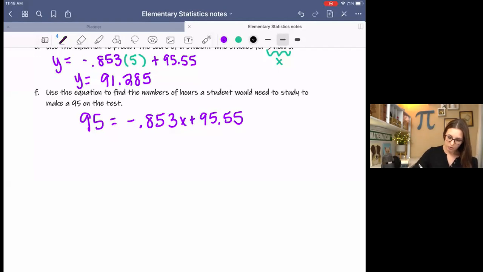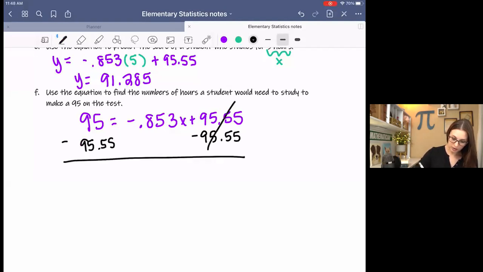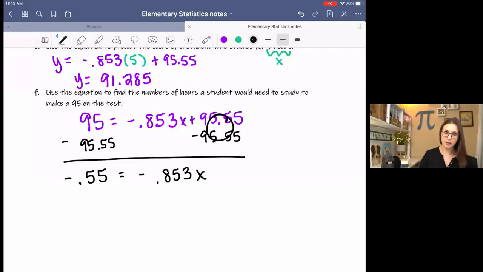We're going to have to subtract the y-intercept to figure out how far away it is. Make that a 0 instead. There we go. And then we have negative 0.55 equals negative 0.853x. Your last step is going to be to divide by that coefficient.